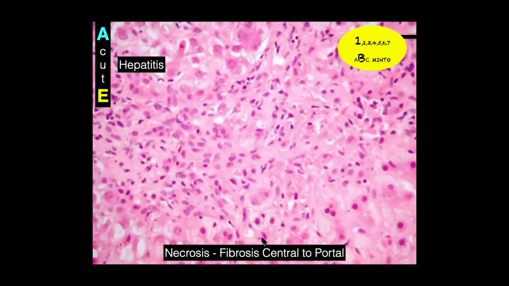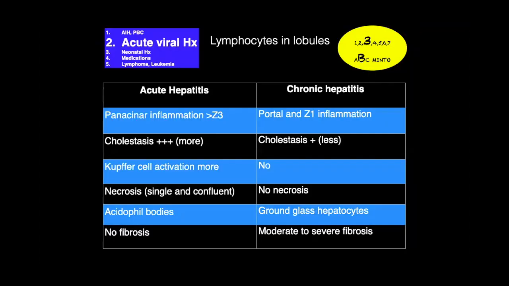And necrosis also can be seen in acute hepatitis. Because of the damage, necrosis will be seen, and once the necrosis is healed, it will be replaced by fibrosis. You have to know the microscopic difference between acute hepatitis and chronic hepatitis. In acute hepatitis, it is predominantly in zone 3, whereas in chronic hepatitis, it is portal and zone 1.